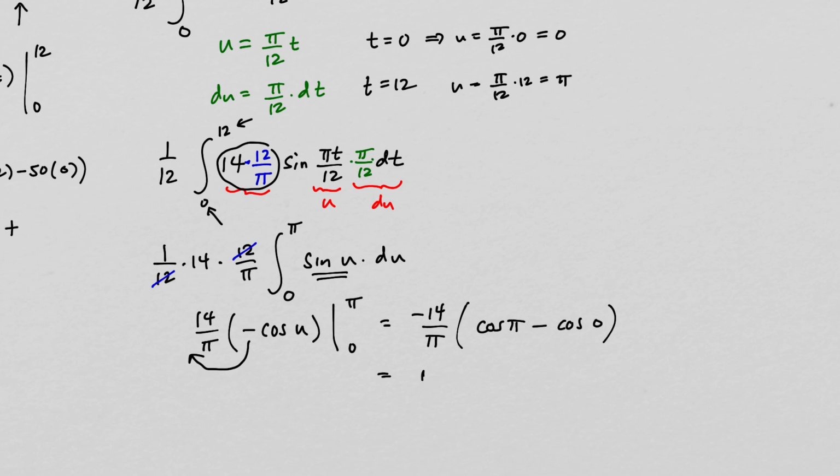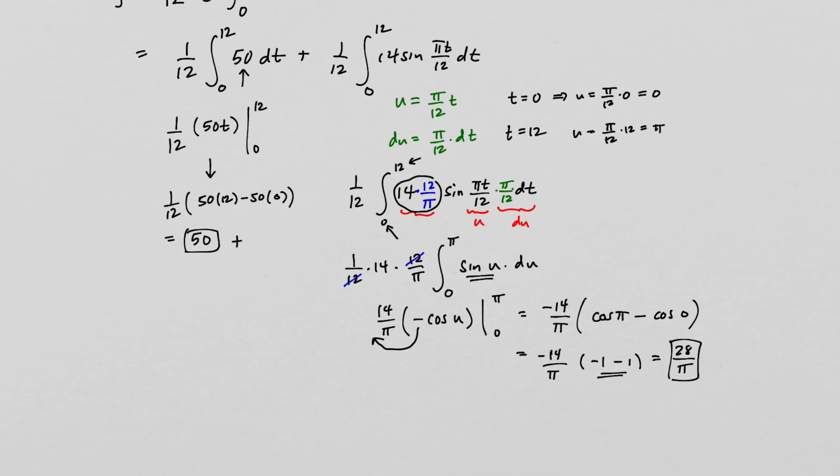And this is negative 14 over pi times negative 1 minus 1. Negative 1 minus 1 is negative 2 times negative 14 is 28 divided by pi. And that is the value of the second integral.